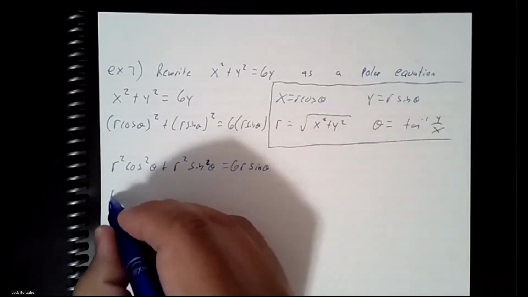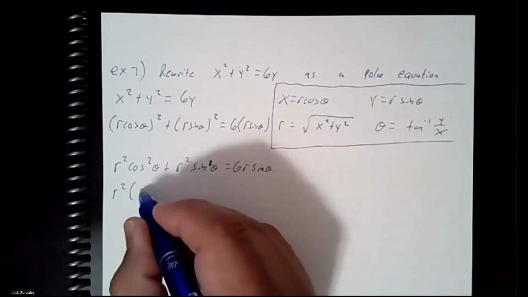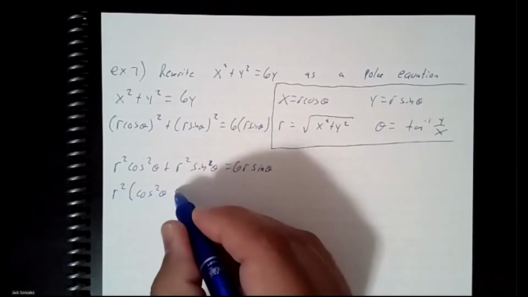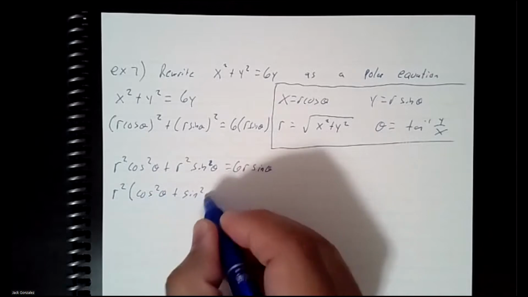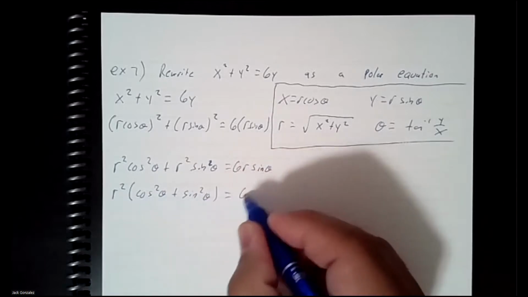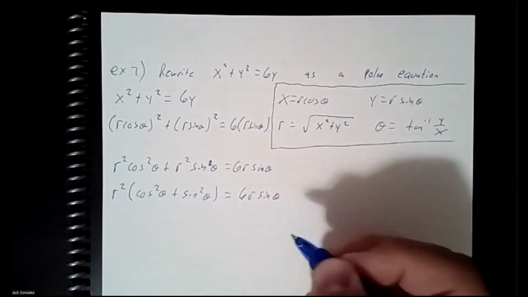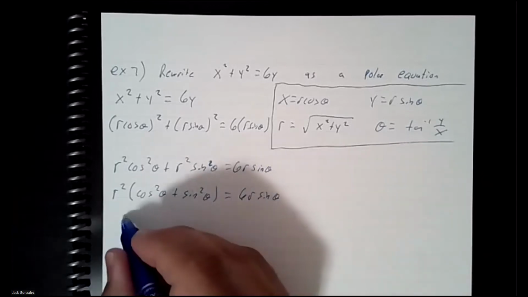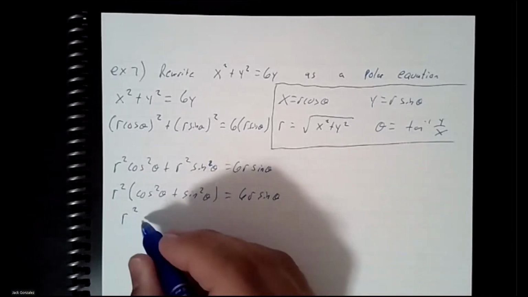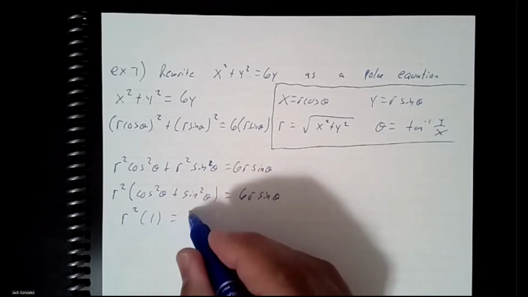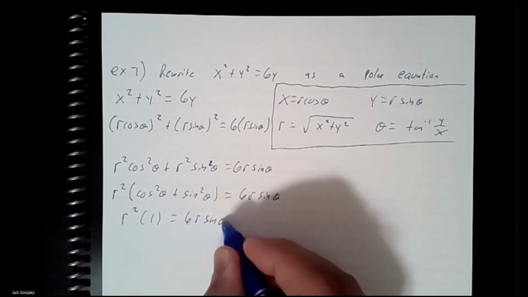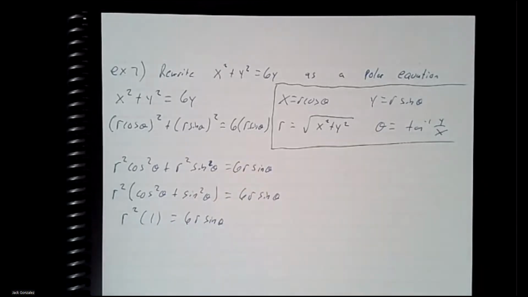So factor the r. We have the same scenario as last time. So that becomes r squared times the 1 equal to 6r sine theta.